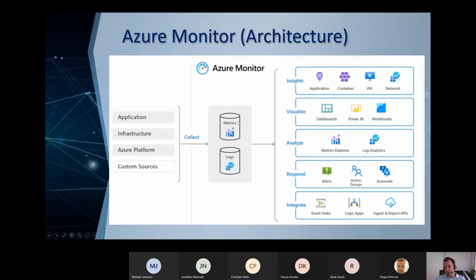You can also respond to certain events or anomalies by generating alerts using action groups. Or, if you have performance issues, you can use the autoscale feature, where your virtual machines are scaled automatically depending on the performance.